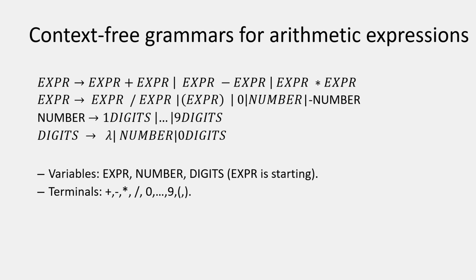Here we have three variables, X, number, and digits, and the starting variable is X for expression, and our terminals are plus, minus, times, and division, parentheses, and digits from 0 to 9.